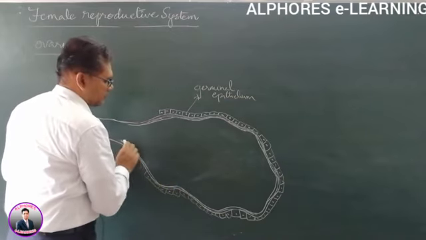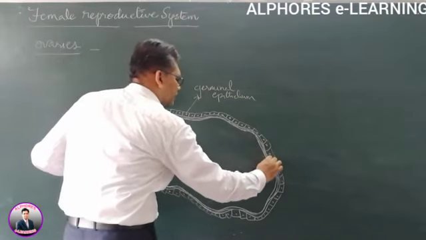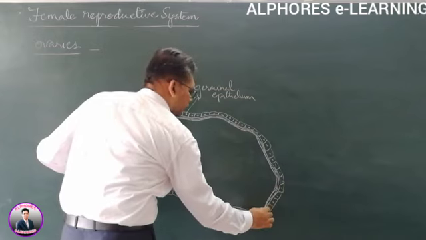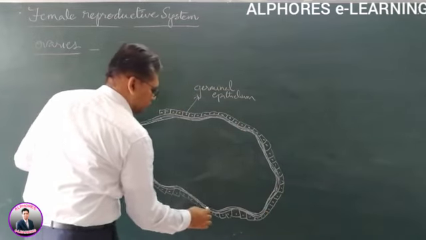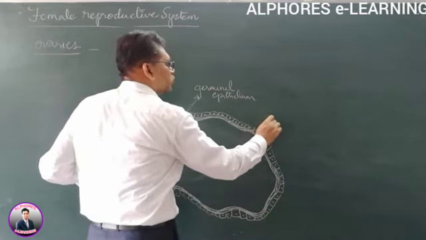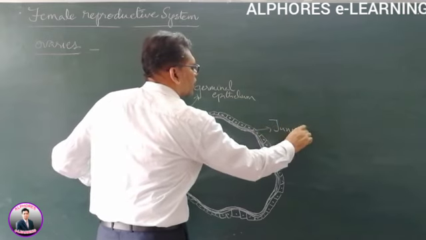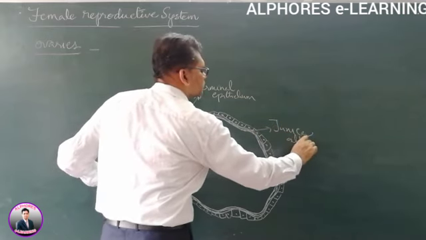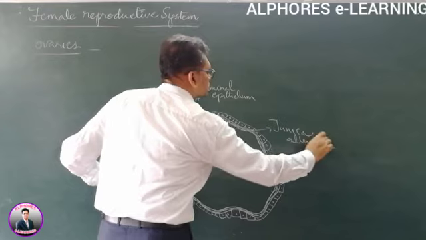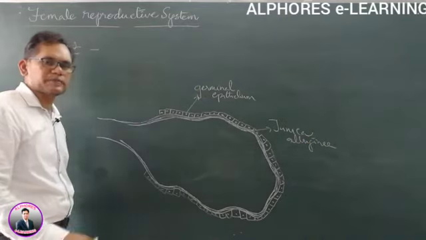Below the germinal epithelium, there is a white fibrous connective tissue, which we call tunica albuginea. This is the tunica albuginea.